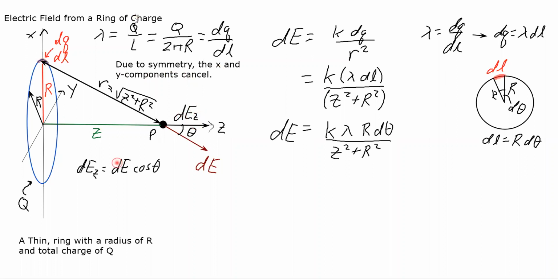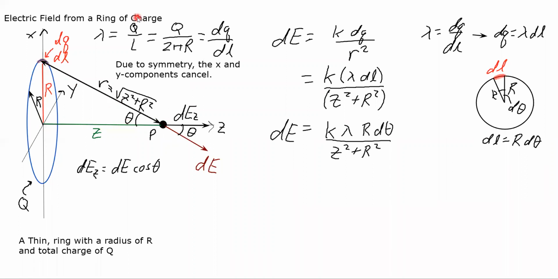So now that I have dE right here, let's see if we can get that cosine theta. Well, this theta that we defined is the same theta here, is it? Same theta. So if we're talking about cosine theta, well, cosine is adjacent over hypotenuse. So we could use this triangle that we have here to figure out what adjacent over hypotenuse is.